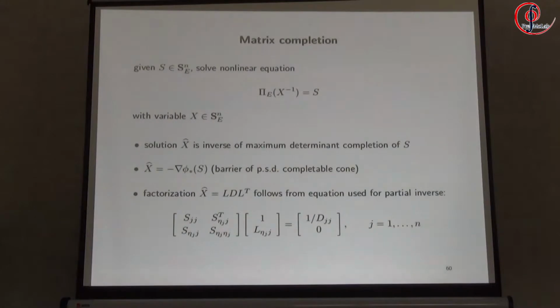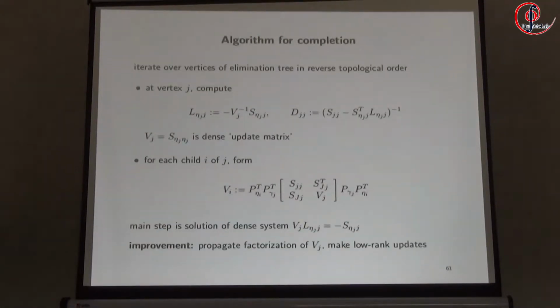And you can do this in a similar way, so you just look at the same equation, except that now S is given, and you solve for the Cholesky factors. And you get an algorithm that looks like the first gradient algorithm. Again, you have a recursion over the elimination tree in inverse topological order, and you have something similar. The one difference here is in the first step, for the primal gradient, we have a matrix vector product.